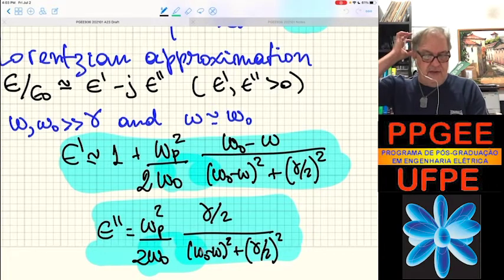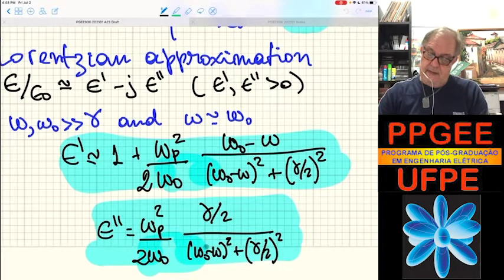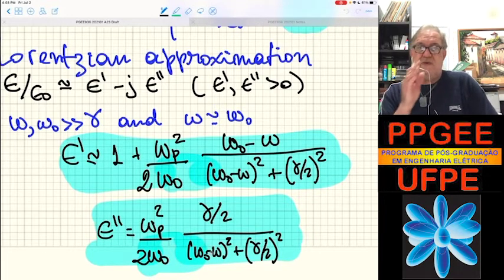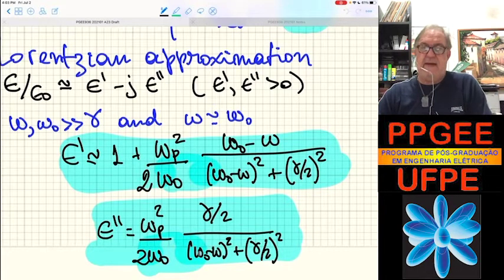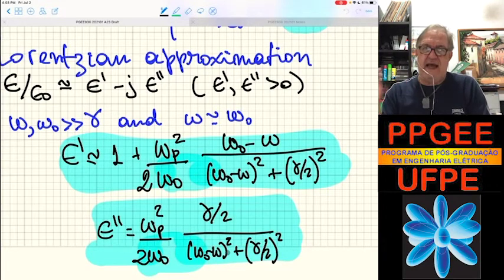And also, if the frequency is departed from the resonance frequency by gamma over 2 on either side, so this becomes gamma over 2, if the difference is plus or minus gamma over 2, this is going to be 2 times the square. So it's going to be half of the maximum value.